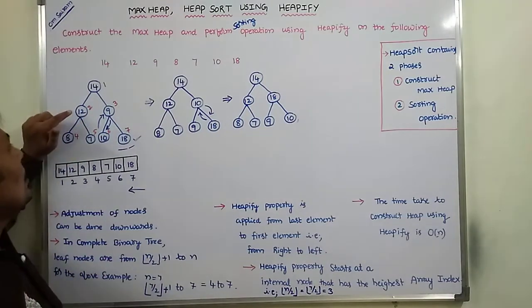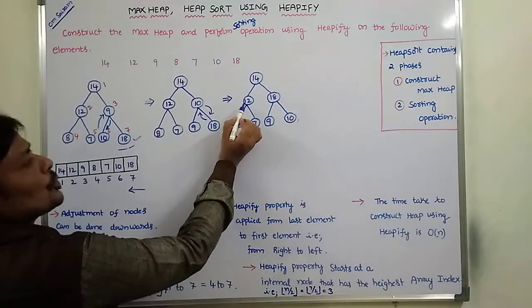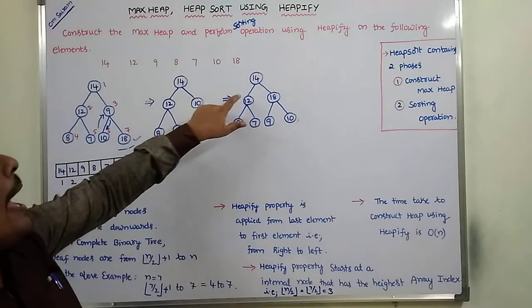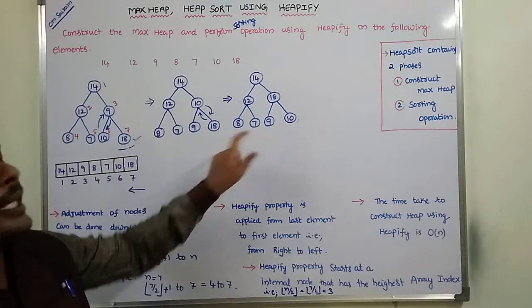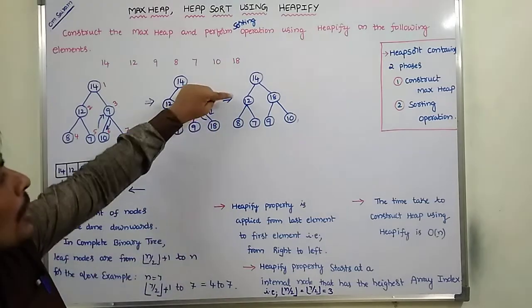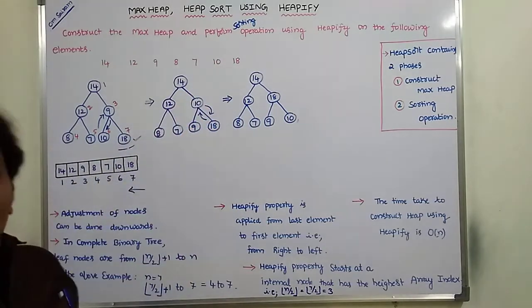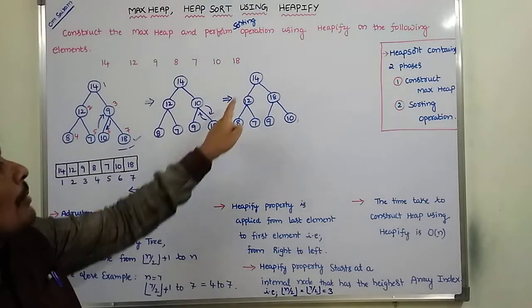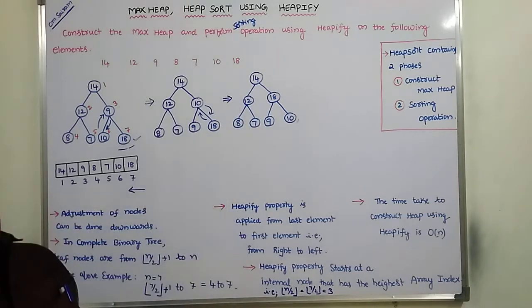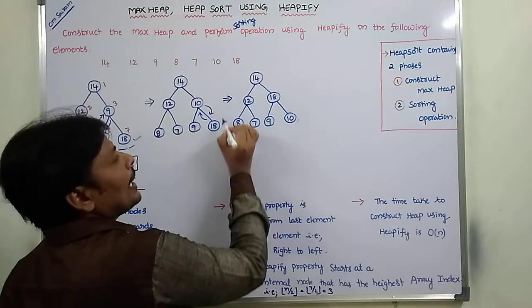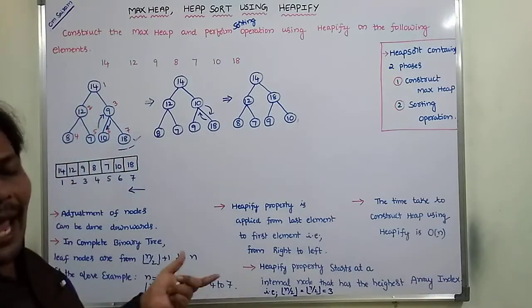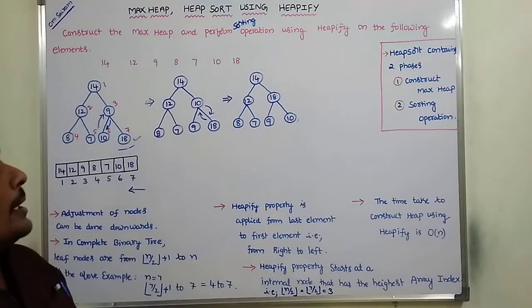So next go to this node. This node is 12. 12 has two children, one is 8 and another one is 7. Now 12 is greater than 8. Yes, it is true. 12 is greater than 7. Yes, it is true. So now it satisfies the Heapify property, that is the maximum heap property.